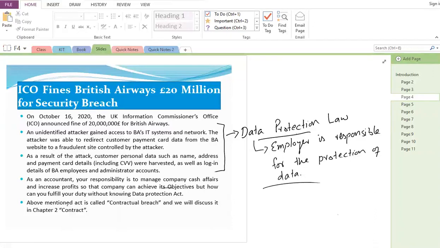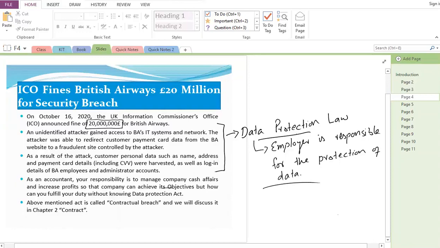Ultimately, it will increase the profits, so the company can achieve its objectives. But how can you fulfill your duty without knowing data protection acts? This means that this year the company's profit will be reduced by 20 million pounds. So 20 million pounds is an expense which the company has to bear, and the company's profits will reduce.